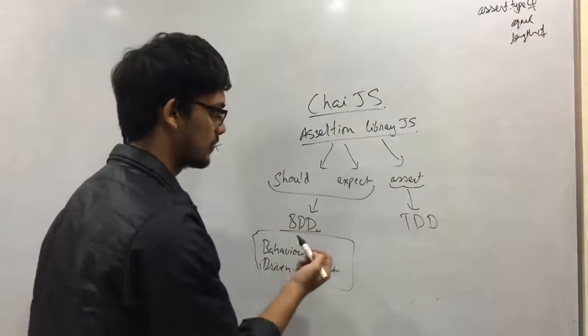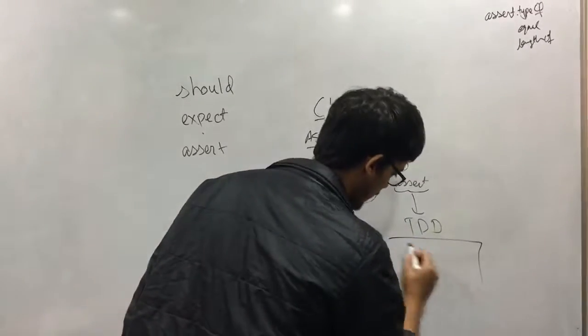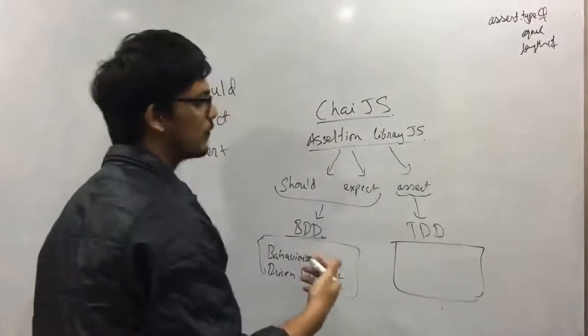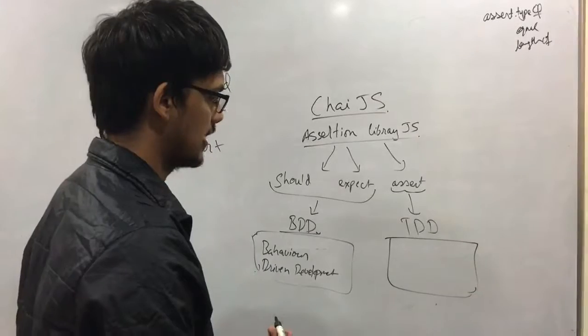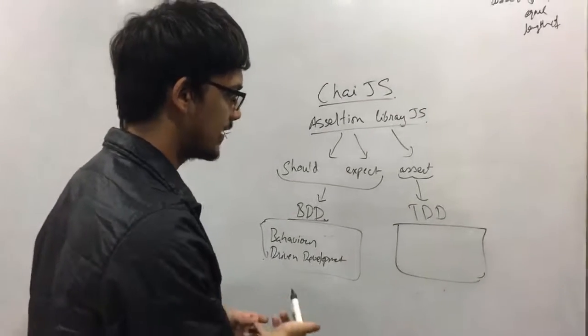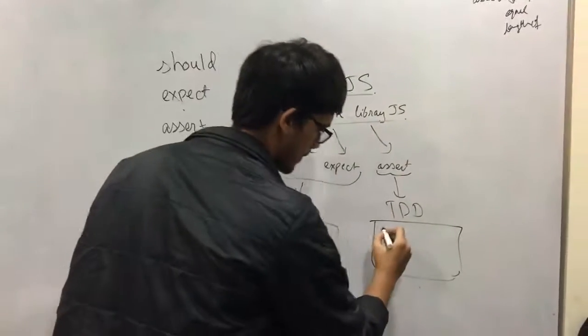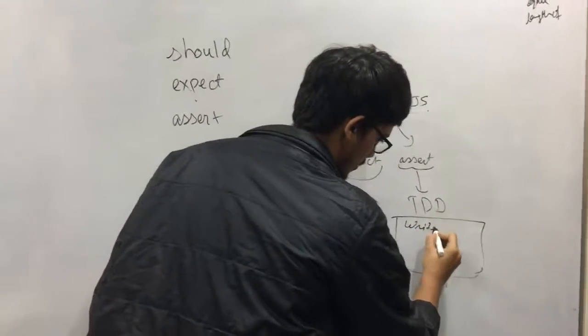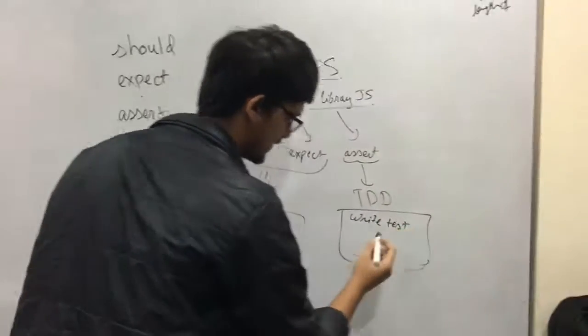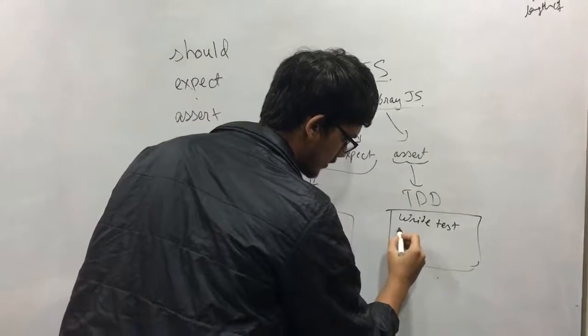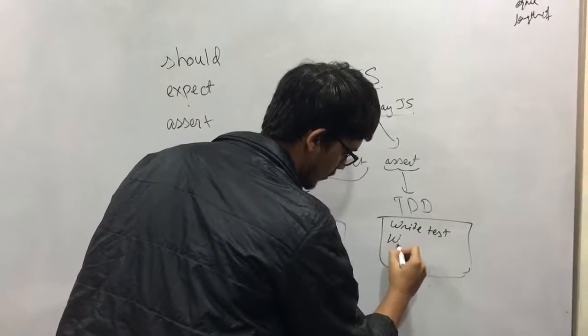And in TDD, you are forced to write the test cases first and make them fail, and then write the code and then see them pass the test cases. Write test cases first and then write the code.